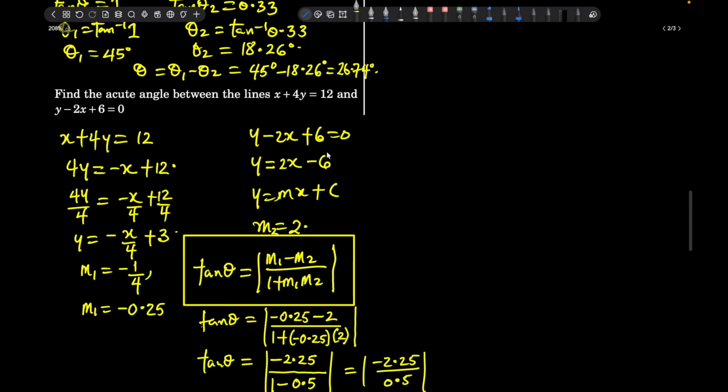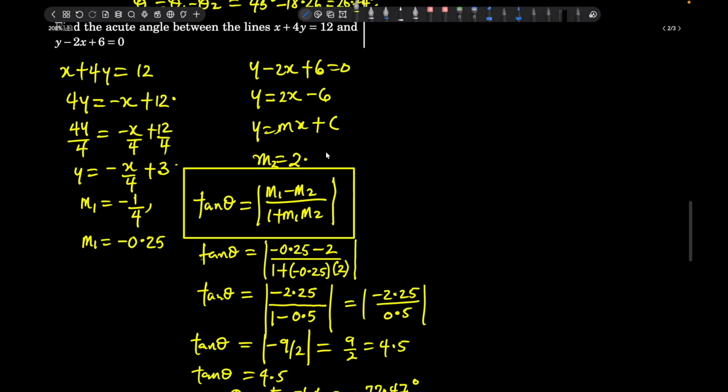Again, you might be looking for the second method because this is the first method, that is method 1. Now let's look at method 2, or the second method.